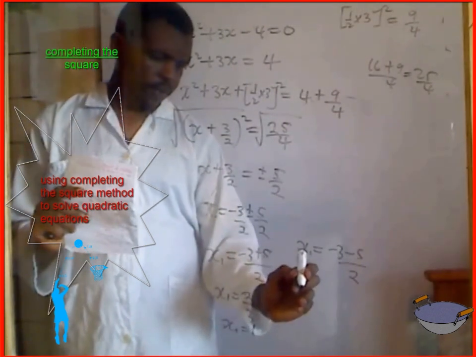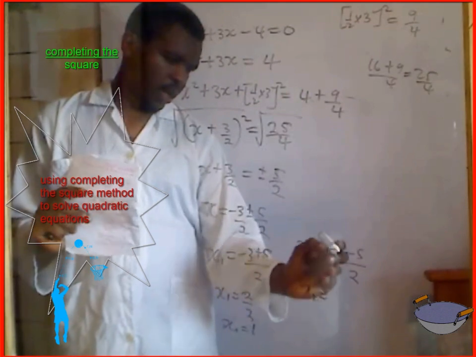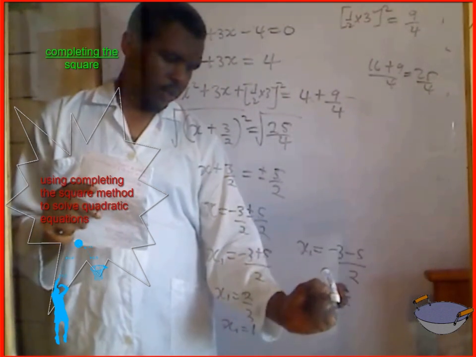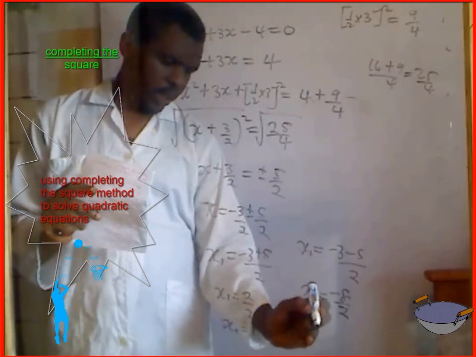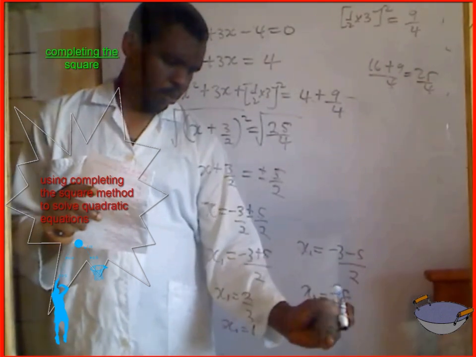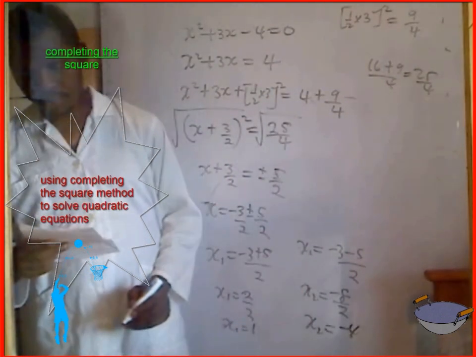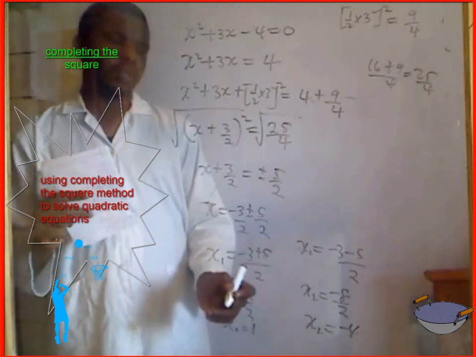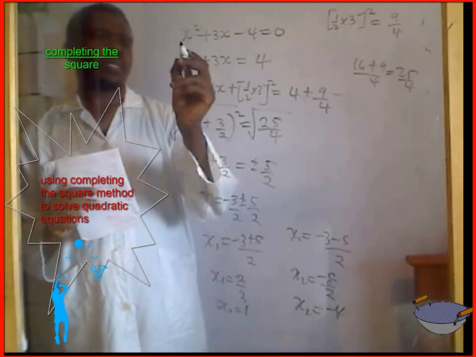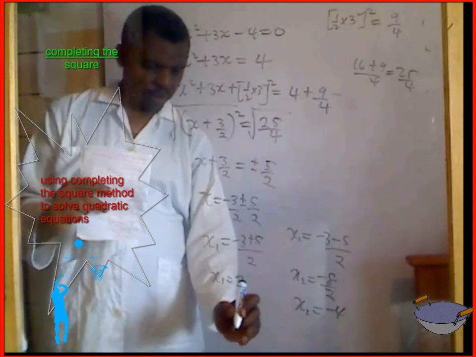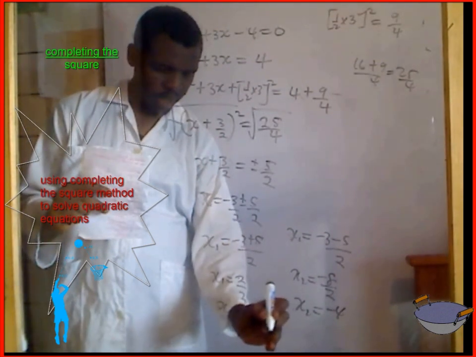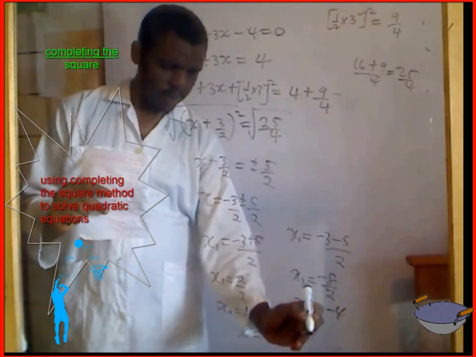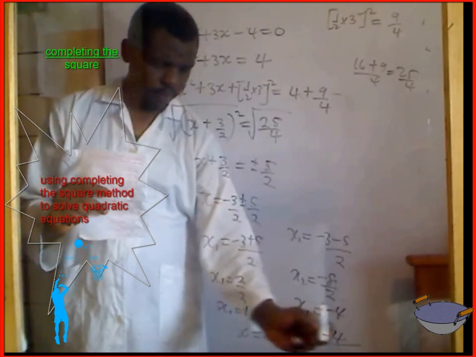Or we could have x as minus 8 all over 2, so x is equal to minus 4. So what are we saying here? We're saying that the solutions of x that satisfy this equation are x equals 1 or x equals minus 4.